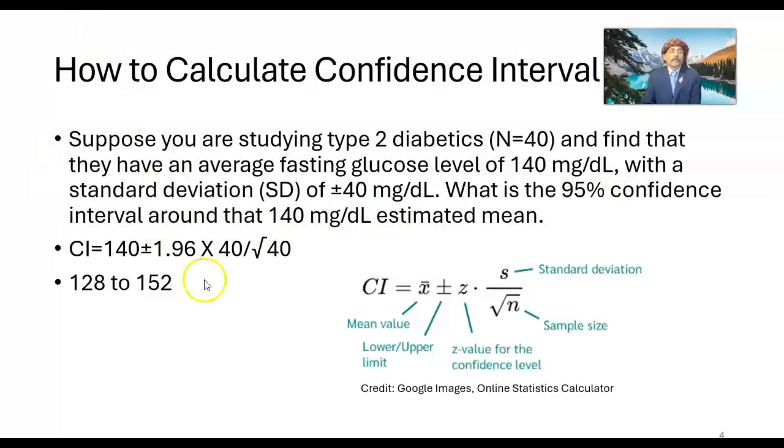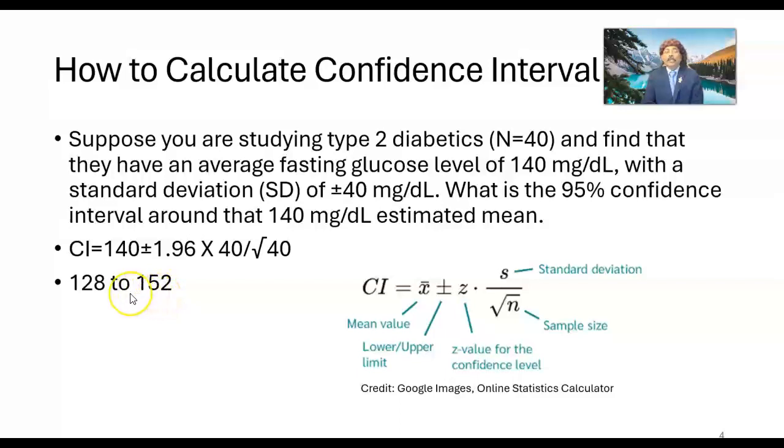We can get this from the formula. We know the mean, we know the Z value, and we know the standard deviation and sample size. If we put everything in, the lower limit is 128 and the upper limit is 152.